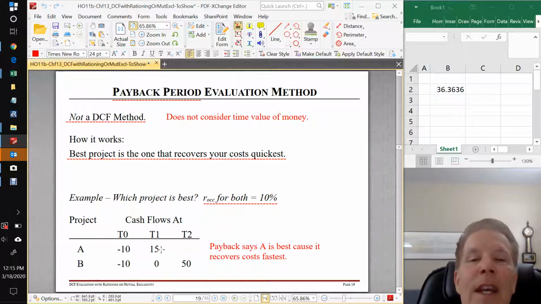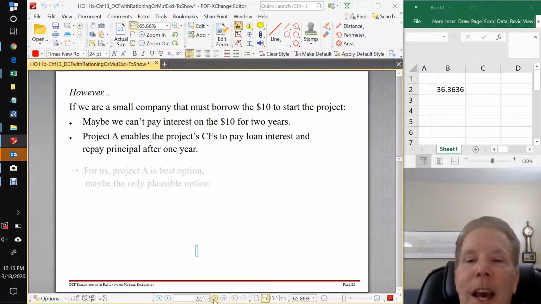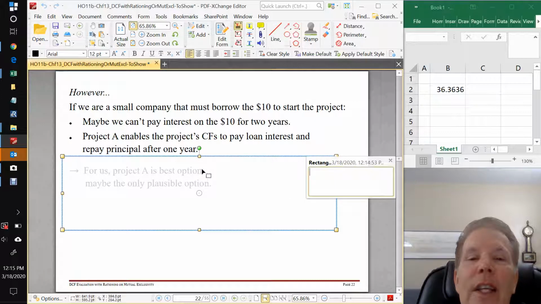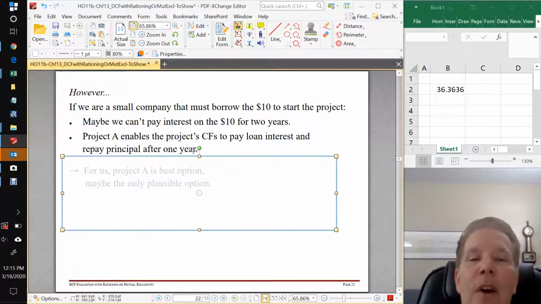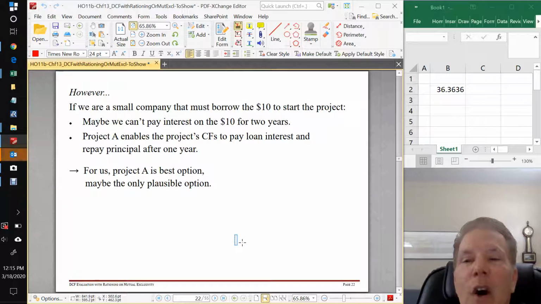We have no positive cash flow coming in to pay interest on this $10 million loan. So for a small startup, it's true that the project that repays our costs most quickly may well be the best option and in fact the only plausible option.